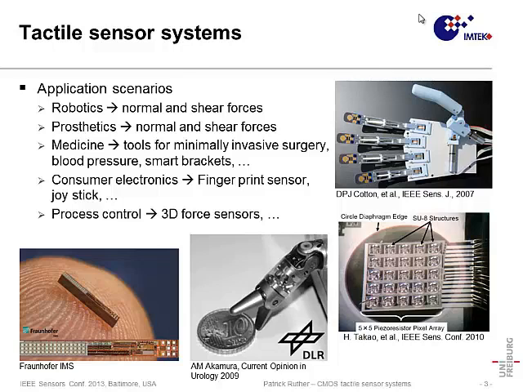On the other hand, in consumer electronics, we have fingerprint sensors, and an example is given here by the group of Professor Tactile, combining membranes with CMOS circuitry, but also joysticks, or the need for small tactile sensors, mainly 3D force sensors for metrology of microcomponents, and that's another topic that I will talk about.